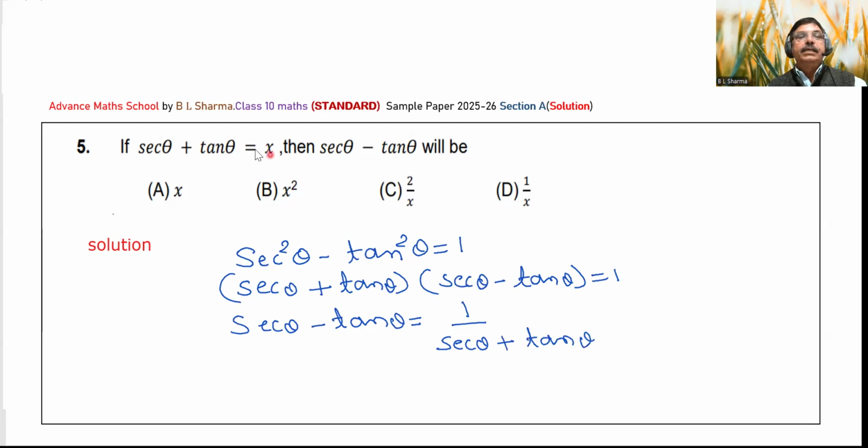But we know sec theta plus tan theta is given x. So in place of sec theta plus tan theta, you write x. So which is the correct option? So D is the correct option.